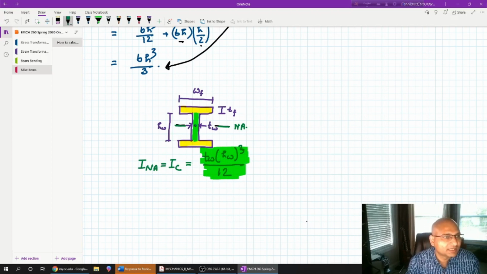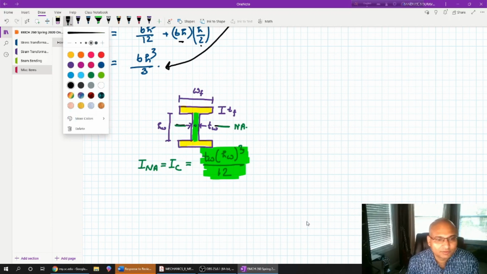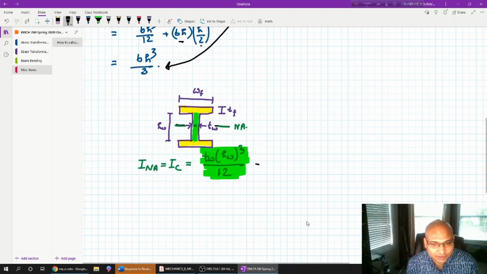Now let's write down the moment of inertia for the yellow sections. So the moment of inertia of the yellow section will be b, which means width, WF, h cube, because TF cube by 12.